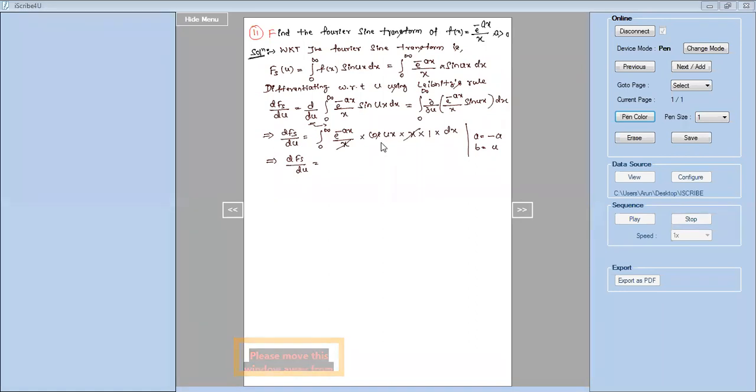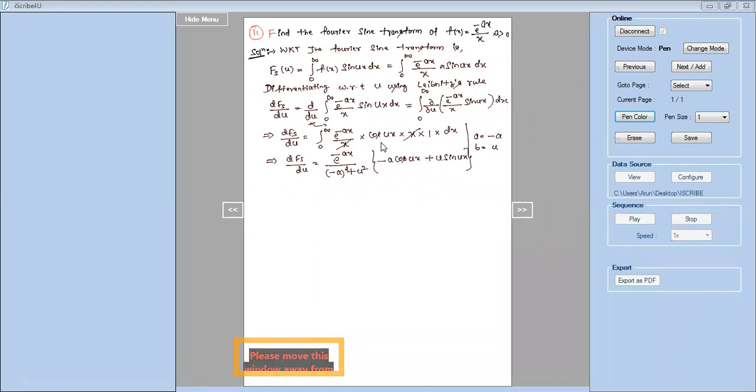It is e power ax divided by a square plus b square, into a cos bx plus b sin bx. Here a square means minus a whole square, b square means u square, a means minus a, and b means u, so u sin ux.